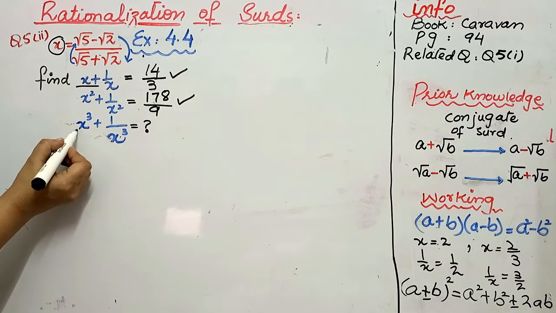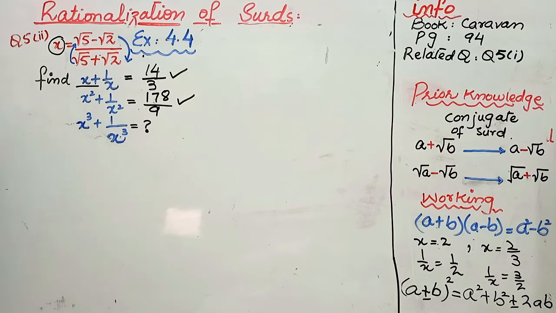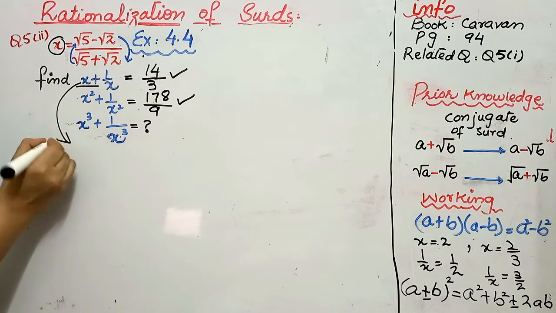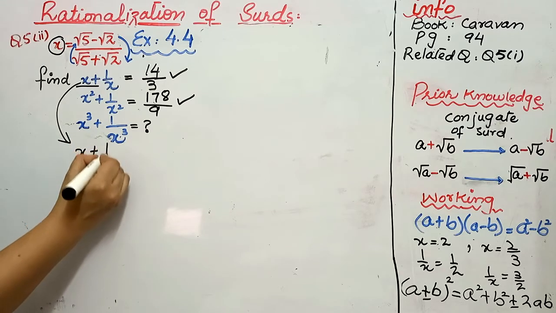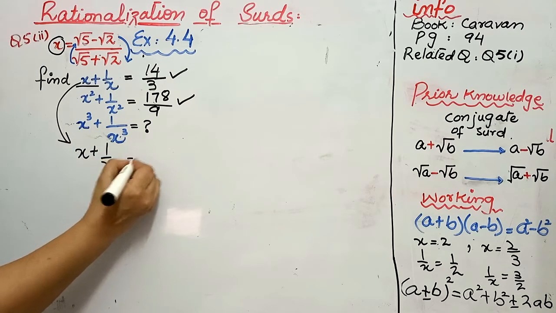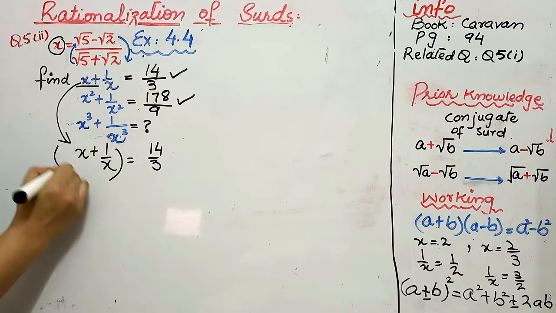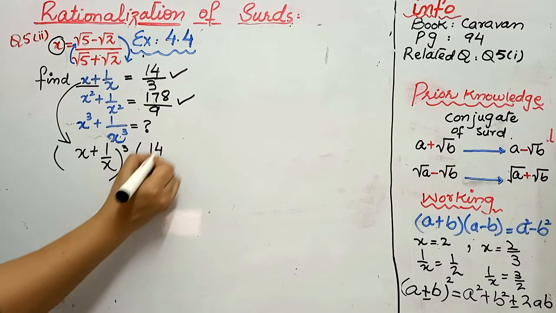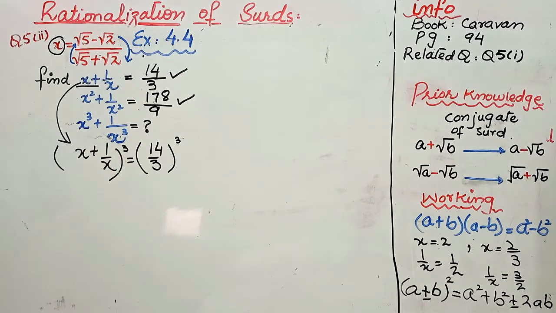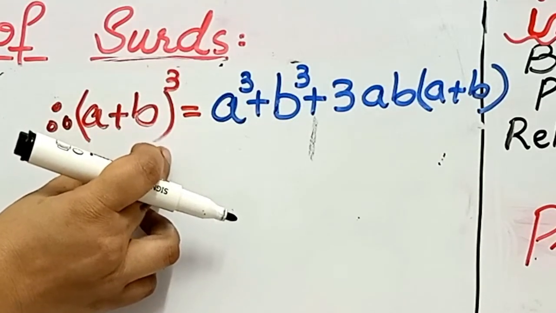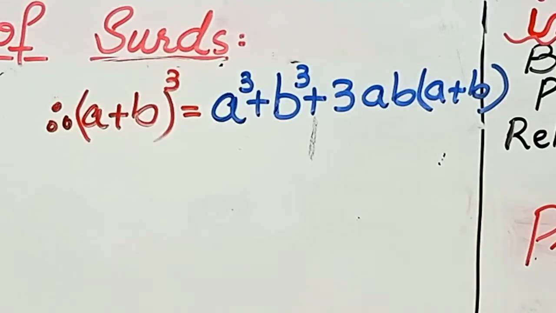Now we are going to find the value of x cube plus 1 upon x cube. Again we take this, x plus 1 upon x is equal to 14 upon 3. Now taking cube on both sides. So first of all, let us revise the formula for cube. That one was the formula for a plus b whole cube, and we have done it in exercise 4.1.